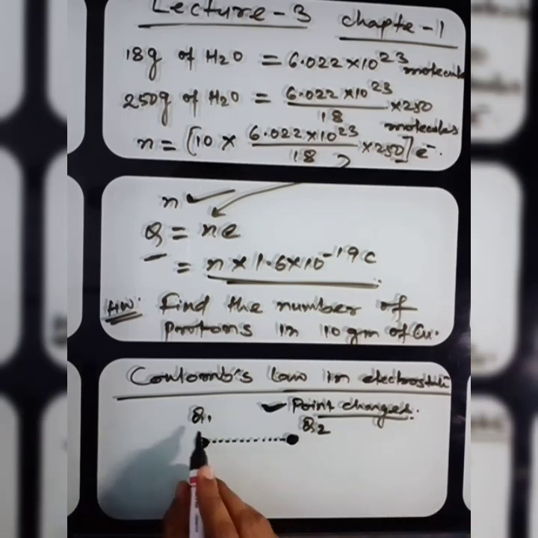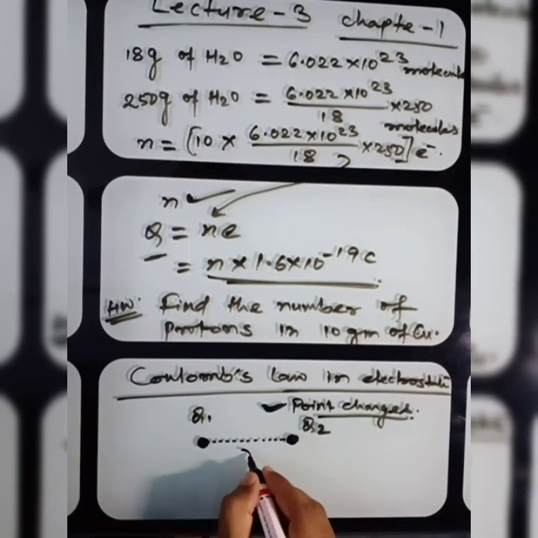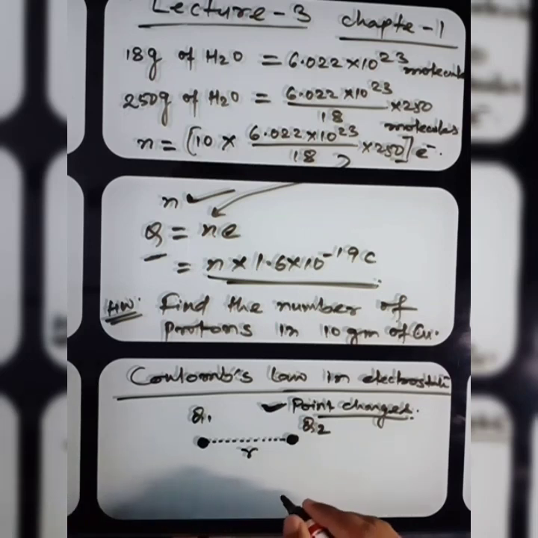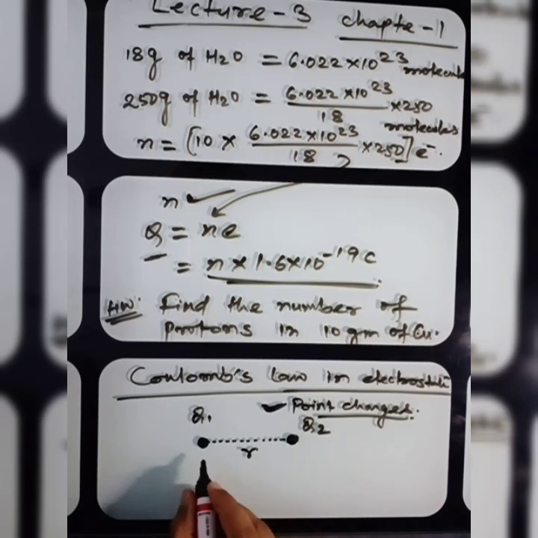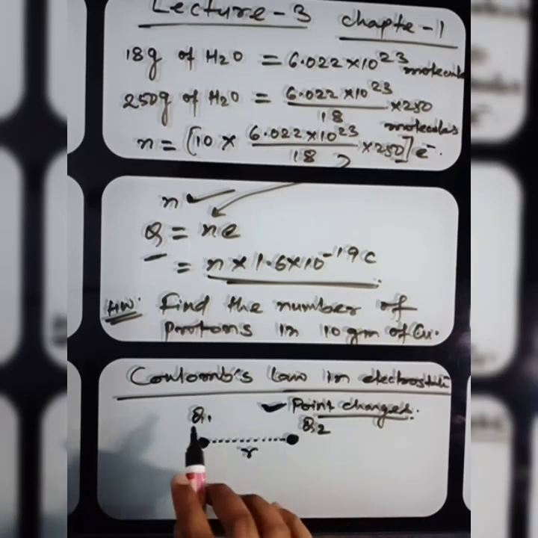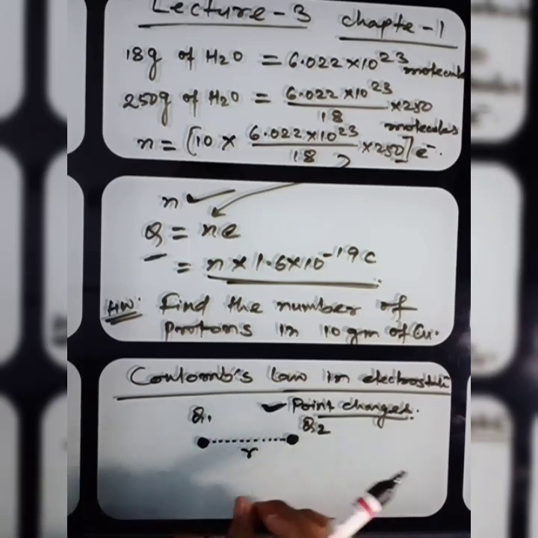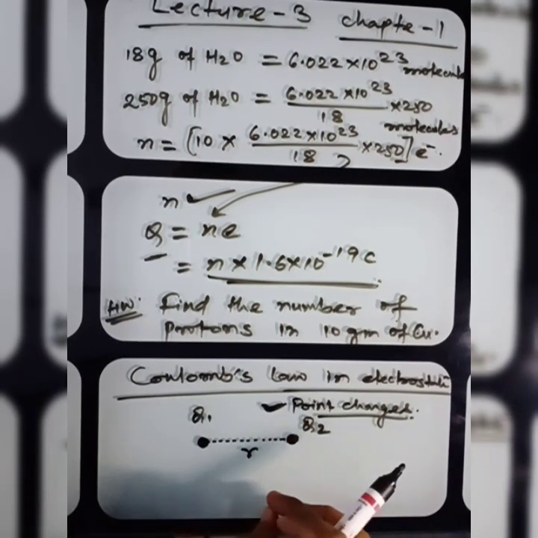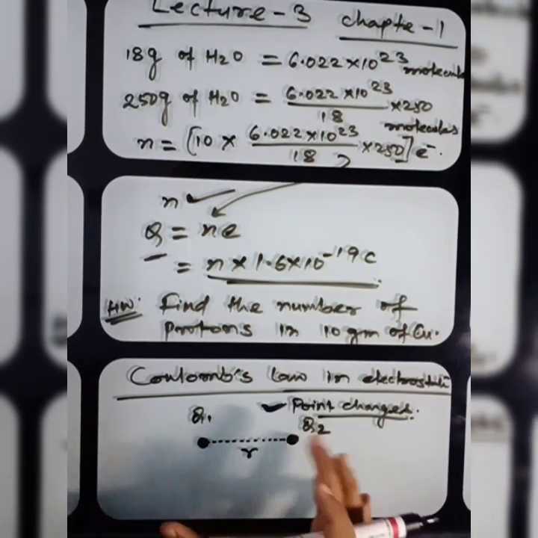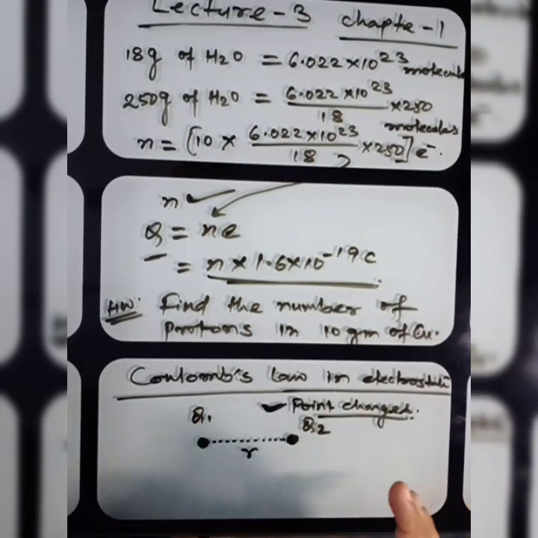These two charges q1 and q2 are separated by a distance r. So according to Coulomb, the force of attraction or repulsion depends upon the nature of charge. If these two charges are like charges, then there will be repulsion, and for unlike charges, there will be attraction. We have discussed this in properties of charge.